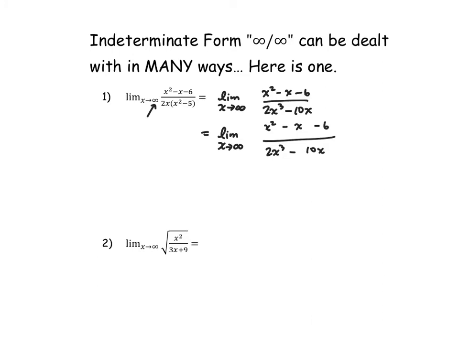I'm going to find the largest power. The largest power is right here, so I'm going to divide everything by x cubed. When I divide by x cubed, I'm technically dividing both the numerator and denominator by the same value, therefore it's an equivalent statement.